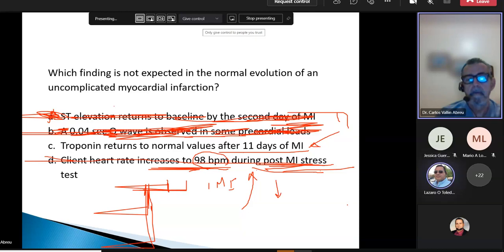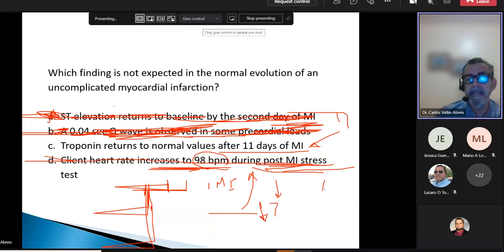Okay, a normal myocardial infarction left without treatment, if the patient doesn't die, should have the troponin returning to normal in 7 days.